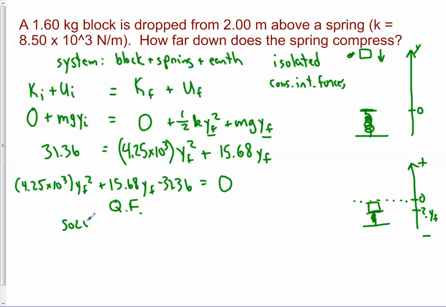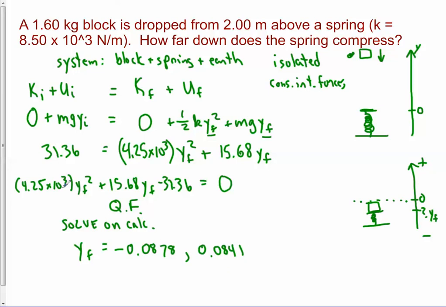So solve on your calculator, or go to wolframalpha.com. However you want to solve this, have it numerically work out the answer. My calculator is giving me negative 0.0878 and also positive 0.0841.